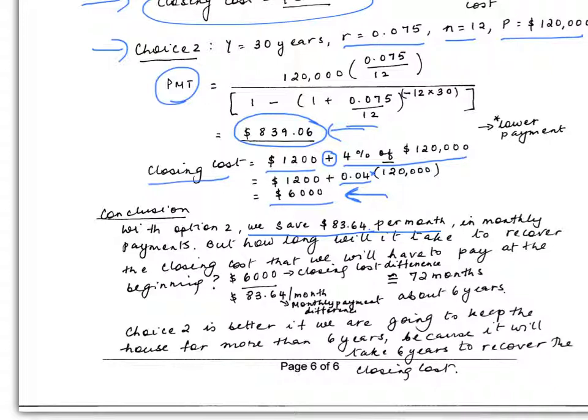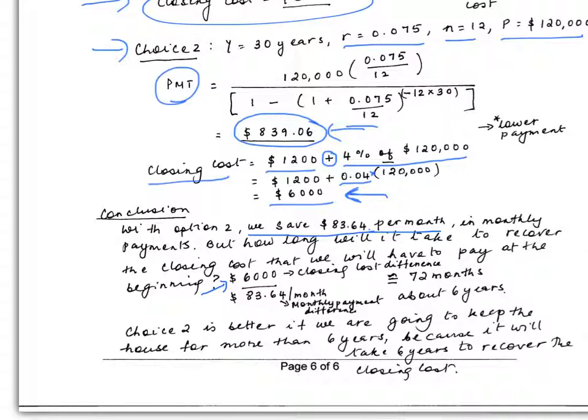But then let's look at the closing costs. We have a closing cost of $6,000 for the second option. Now, the amount of money that we save is $83.64 per month. So let's say that we put it towards the closing costs.